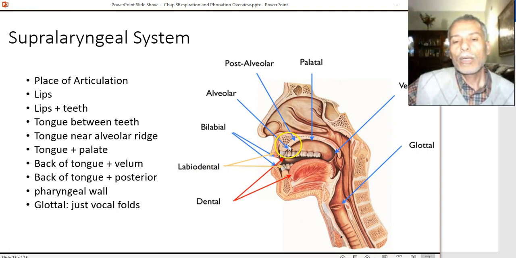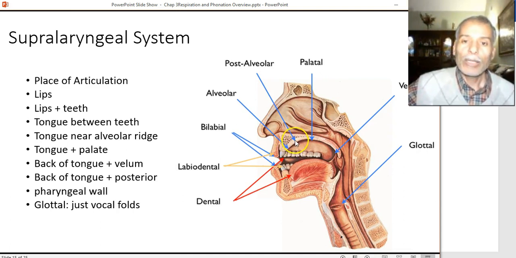And if you go up a little bit, you can try this. Say sh, sh. As you say sh, you're going to notice that your tongue slips up higher, starting at the beginning of the hard palate, between the hard palate and the beginning of the alveolar ridge. So this is why this has more than one name.